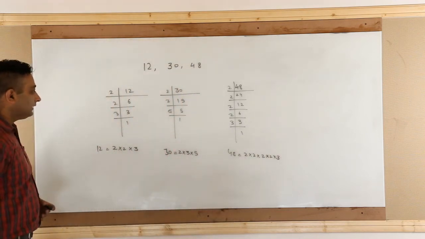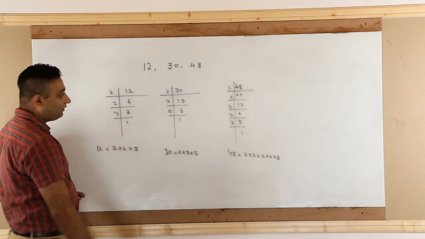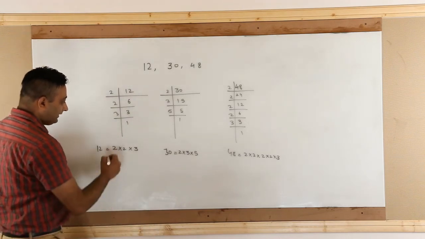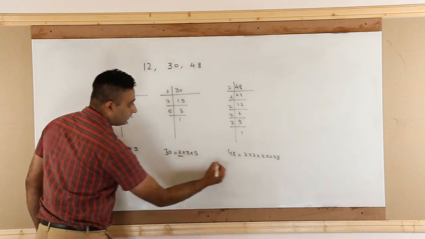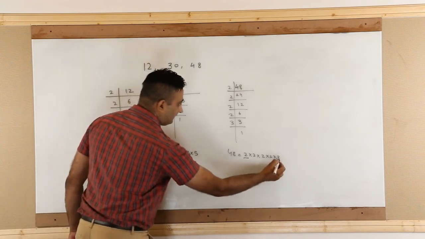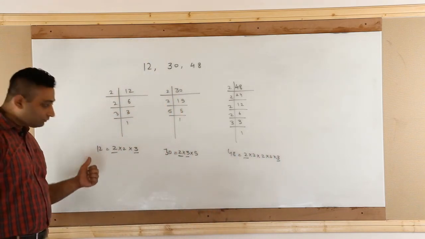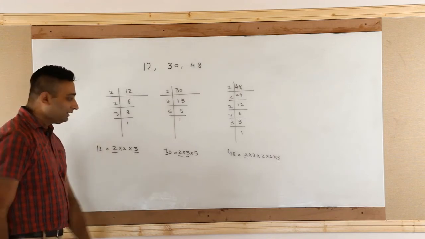Now, there are some common factors in the three numbers, that is 2 and 3. These are the two factors which are the highest factor which are common in three numbers.